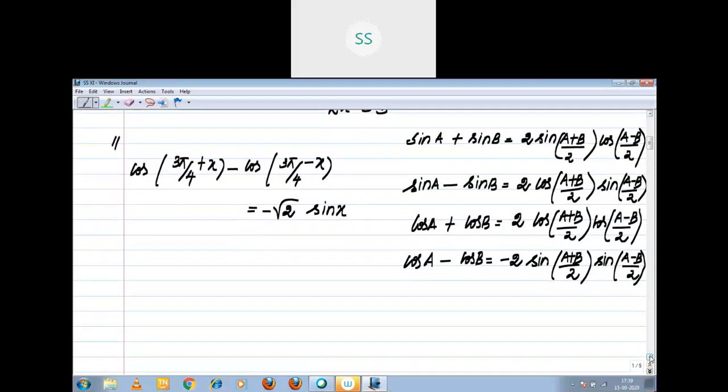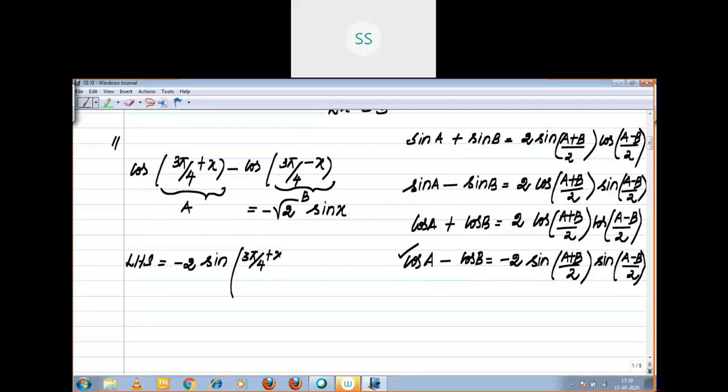Consider the first one as A and the second as B. That means cos A minus cos B, LHS, equals minus 2 into sin of (3 pi by 4 plus x plus 3 pi by 4 minus x) divided by 2.